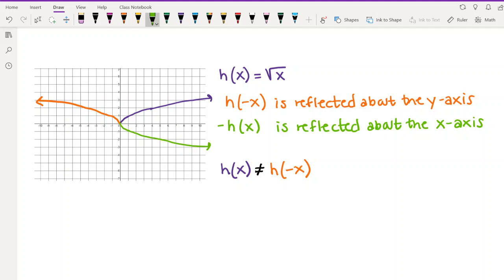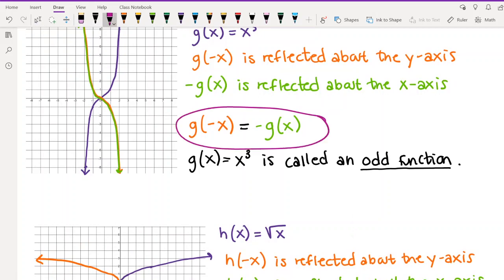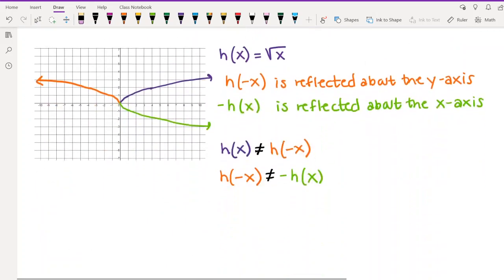We can also see that h of negative x is not the same as negative h of x, right? In the second example we did, it was true that when you reflected it one way, you got the same result as reflecting it the other way. This one does not have that property.